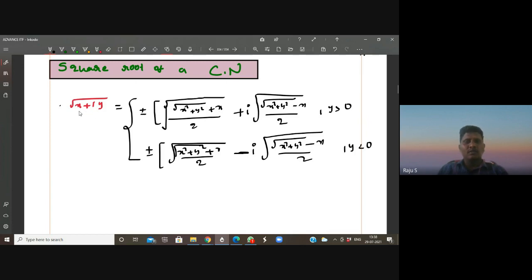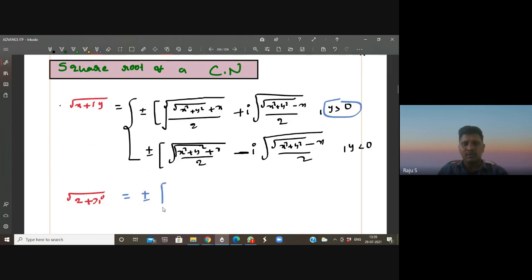Substitute here: if I want to find root of 2 plus 3 iota, what formula can we use? Y is greater than 0, so the first formula.